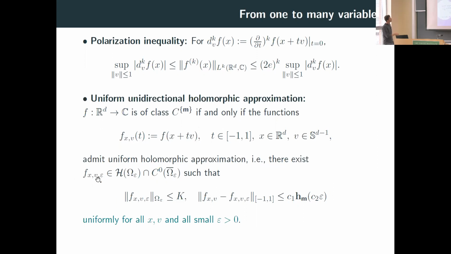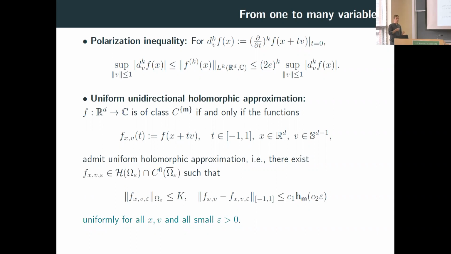I find a family of functions which now depends on x, where x is the start point, on v, the direction, and on epsilon, on these ellipses, such that these bounds are satisfied. Importantly, these bounds have to be satisfied uniformly in all x and all v, and of course for all epsilon small. Okay, and with these two ingredients, you go into the proof I presented.